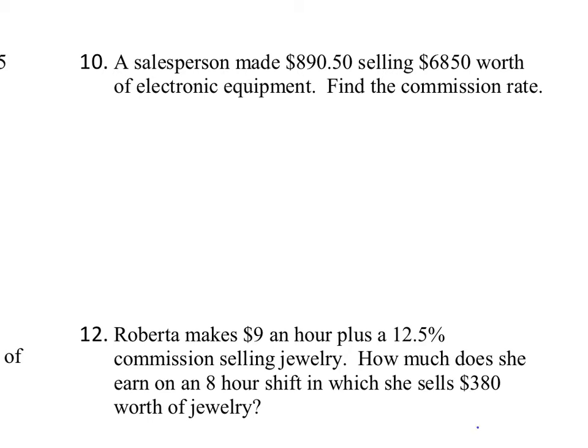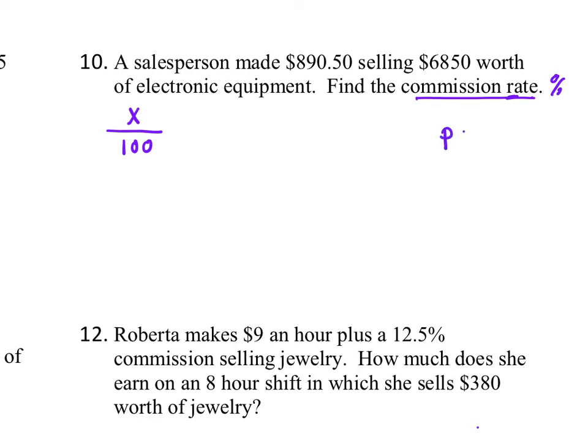So you're going to notice this time that they ask us about the commission rate. And if you recall, the commission rate has been given as a percent. And what we know about a percent is that it's over 100. So I don't know the percent, but I do know that percent means 100. And they mentioned rate.